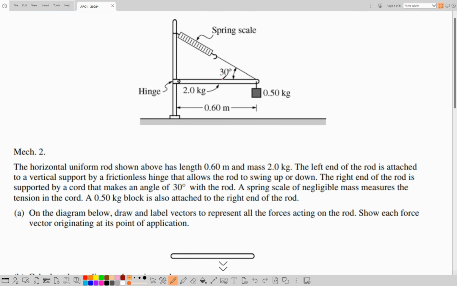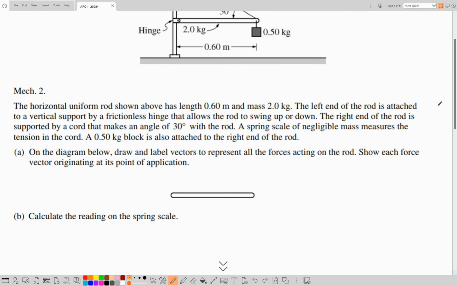Now, first of all, because the rod has a mass, it will be subjected to the pull of gravity at the center of the rod. So here we have the pull of gravity. Now let me denote the mass of the rod to be capital M, so that would be Mg.